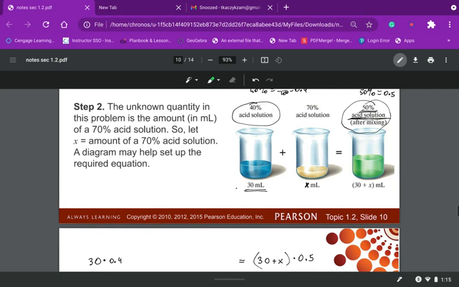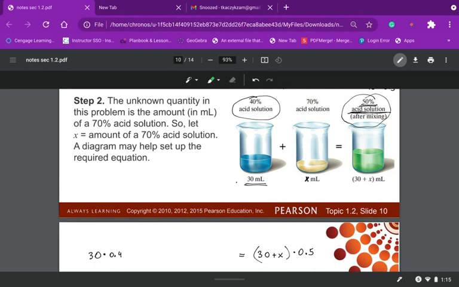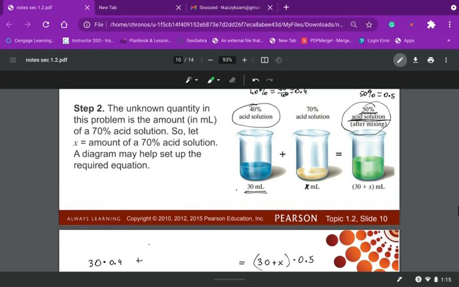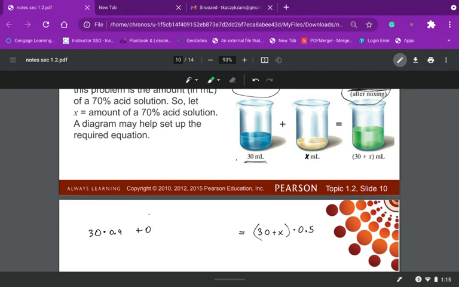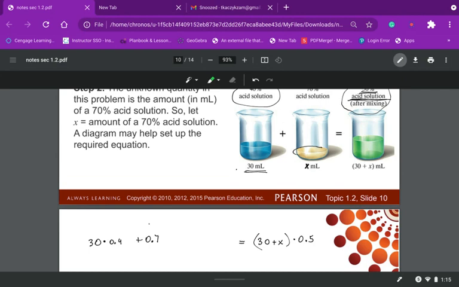Okay, so that's very important because for our new solution, we're very specific. We want to get the amount of that acid solution. Plus, we're mixing the second solution, which has 70% of acid. So 70% is the same as 0.7. So those 70% of acid solution, and we're trying to figure out the amount which we need to mix. So that's our x.